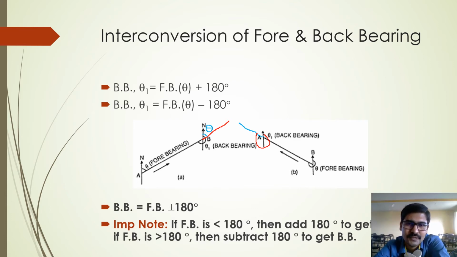Vice versa. If you know the fore bearing of the line, you can calculate the back bearing, and if you know the back bearing, you can get the fore bearing, right? This is how the bearing calculation is done. I will give you one simple example of how to get the back bearing when the fore bearing is given. I hope you will be able to understand with the example in the next slide.